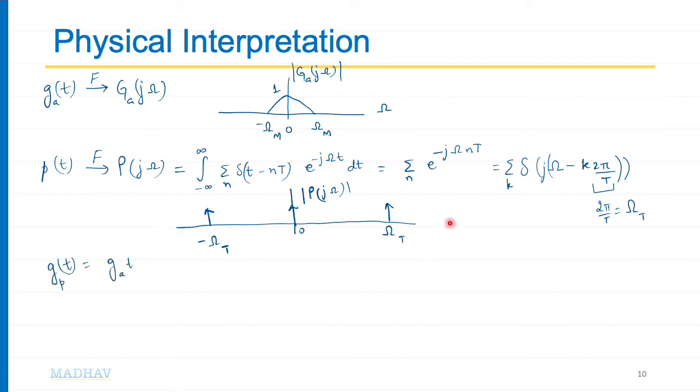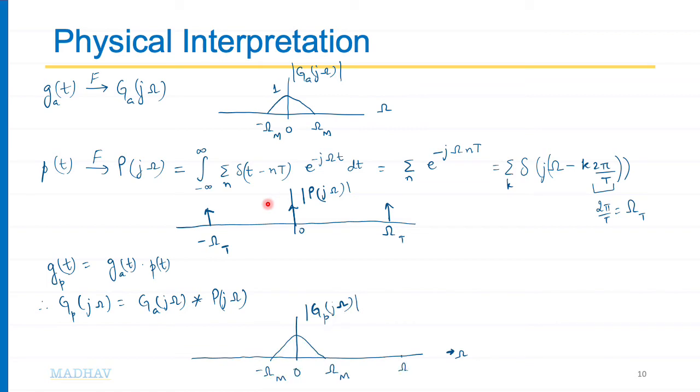Now I know that g_p(t) is simply g_a(t) times p(t), the product. So what do you get in the frequency domain when you have a product in the time domain? It is simply convolution, right? In the frequency domain, it's simply the convolution. So that's what you get. GP j omega is like this. And what is G e to the power j omega, the DTFT? You simply convert your continuous frequency into discrete frequency by dividing by capital T. That's it.